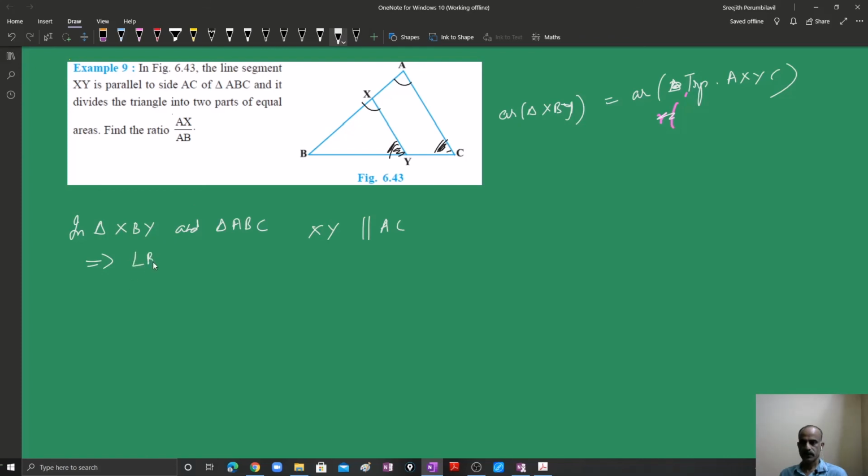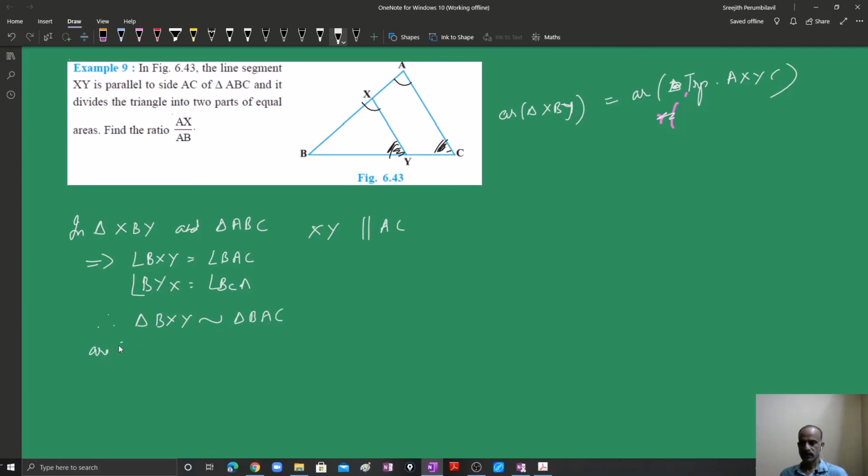Angle BXY is equal to angle BAC, and angle BYX is the same as angle BCA. Therefore we can conclude that triangle BXY is similar to triangle BAC.